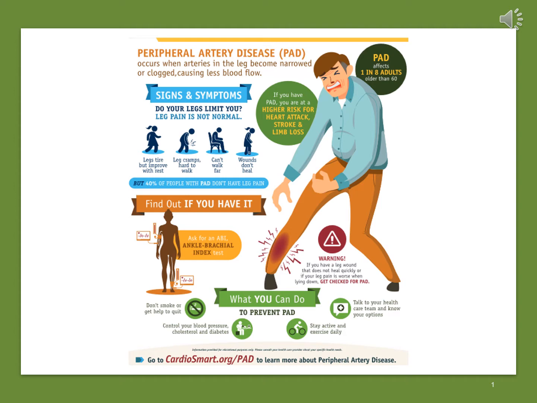You need to go in and get checked out, and what you can do to prevent it. Of course, smoking, controlling your blood pressure, exercise, and then also seeing your provider. So this is just basically in pictures what I just talked about.